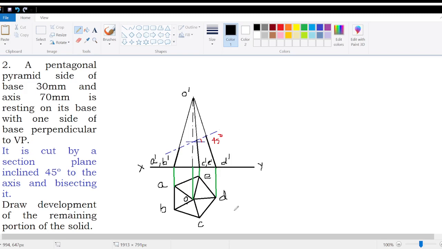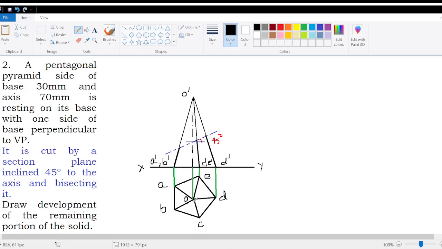As you know, when we are drawing the development, you should always use the true dimension for it. Why? Because when we are drawing the plan and elevation, the sides may be at an angle, so in the view they may not give the true length. So we have to identify which slant edge in the elevation is giving the true length. For that, you look at the plan.